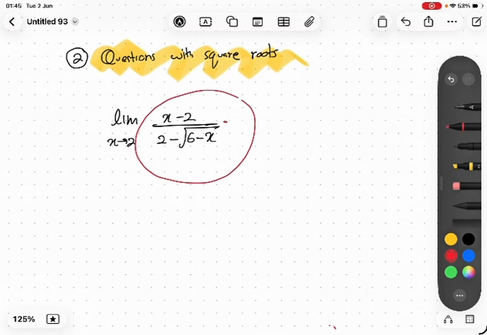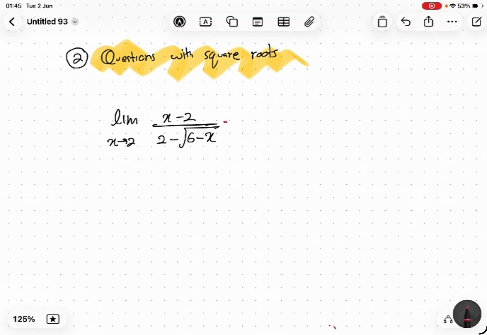Even we can't factorize this, so we can't use method number 1. Keep in your mind, when you have fractions with square roots in them, you have to multiply both the denominator and numerator by the conjugate of the line that has the root.